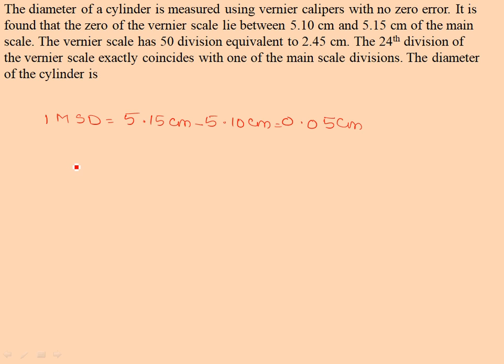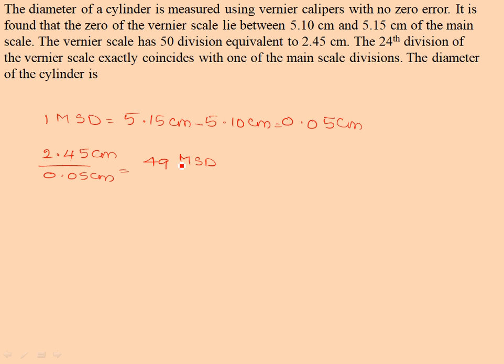The vernier scale has 50 divisions equal to 2.45 centimeters on main scale. See, for one main scale value we are having 0.05 centimeters of length, so that if I divide this 2.45 centimeter with 0.05 centimeter, that gives 49 MSD, that is main scale divisions.